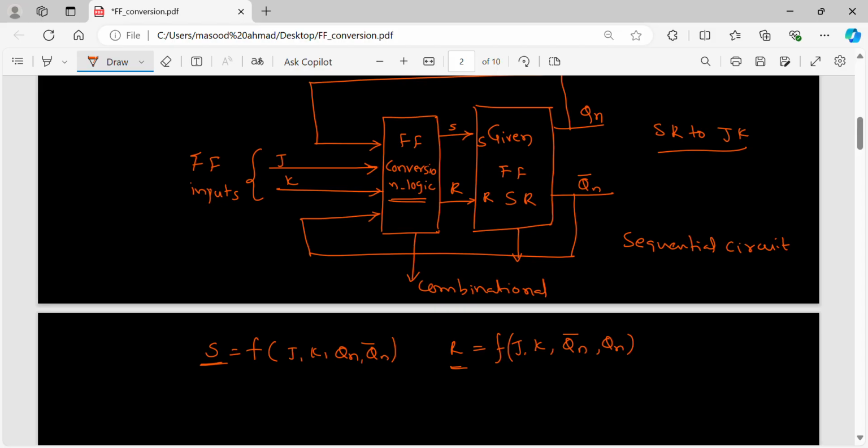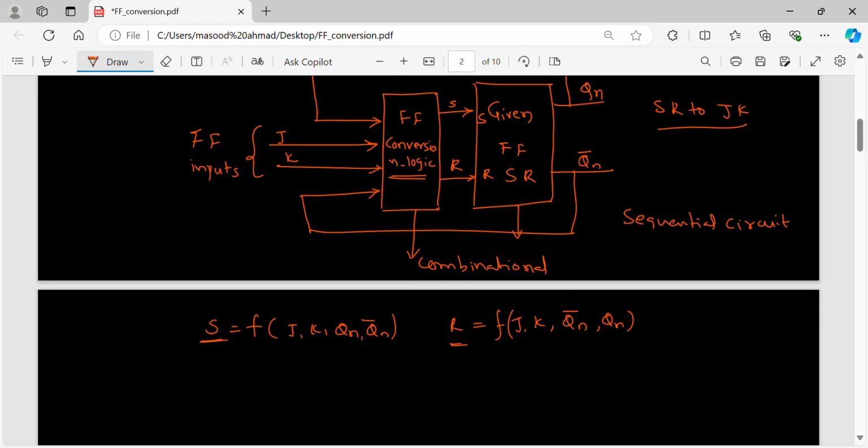So when can we say that SR is converted to JK? Whatever the expected output from SR and JK, that is when we can say that two flip flops are equal.